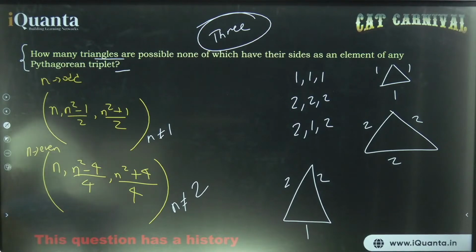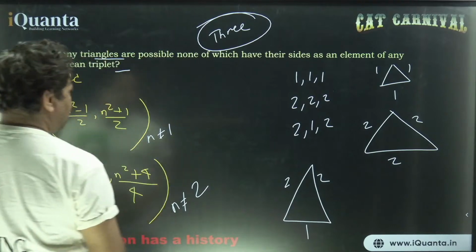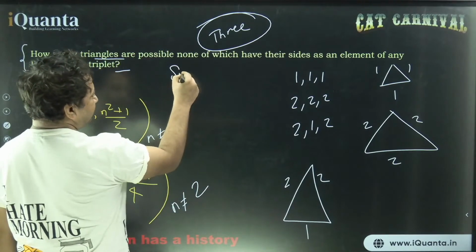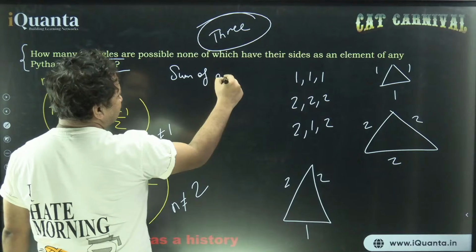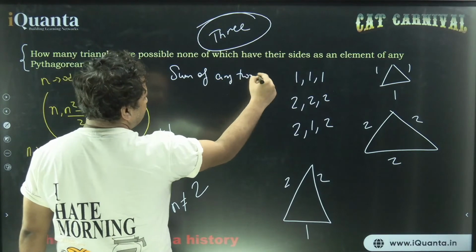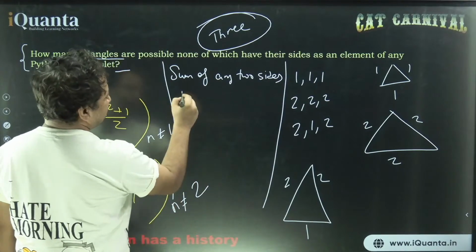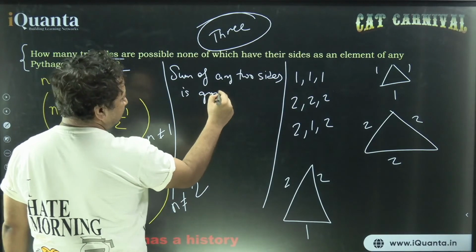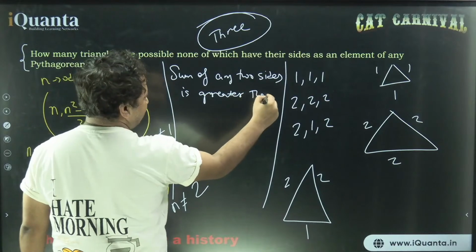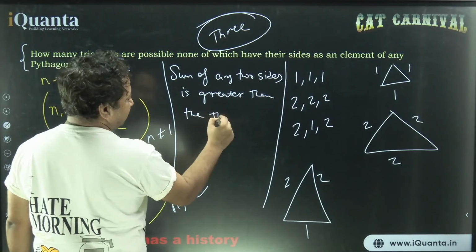Haseeb, 1, 1, 2 would not be a triangle. Triangle के बारे में पता है ना बात आपको? Sum of any two sides is greater than the third side.